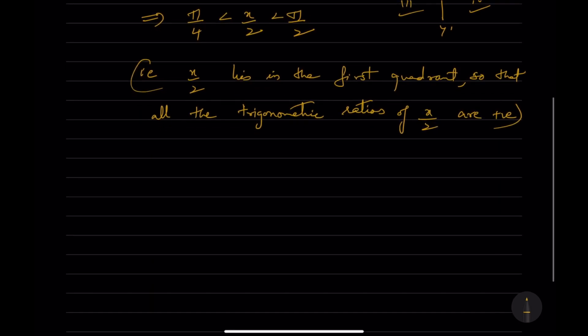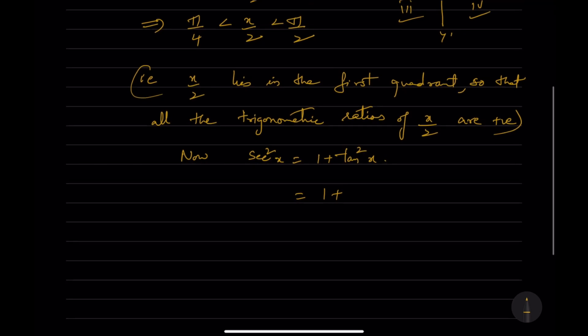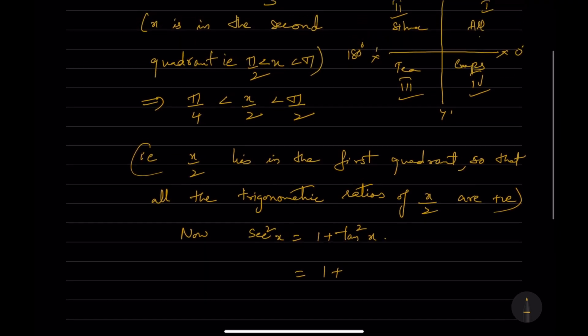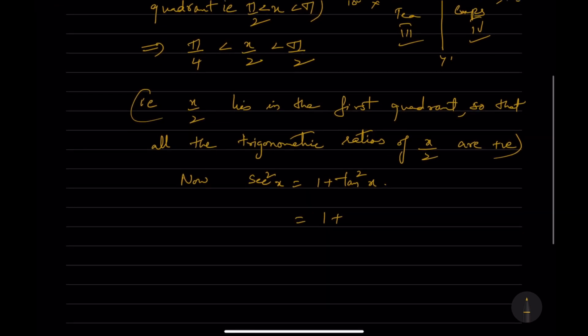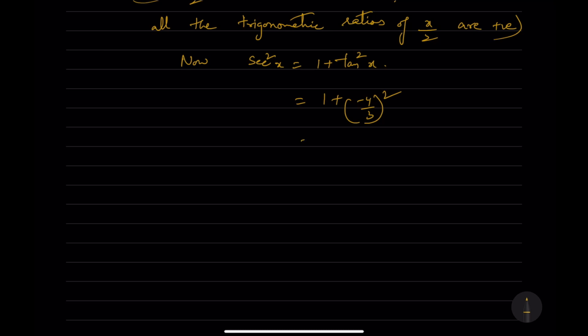So now we have an identity, the Pythagorean identity, sec square x is equal to 1 plus tan square x, which is equal to 1 plus, since it is tan square, tan square x is nothing but minus 4 by 3 whole square, which is equal to 1 plus 16 by 9, which is equal to 25 by 9.